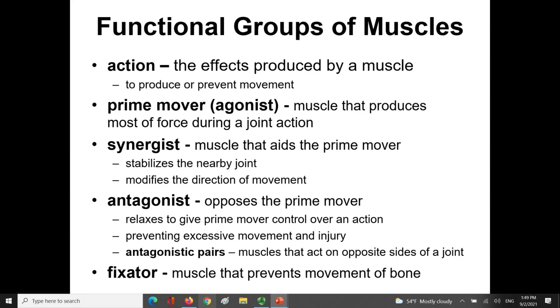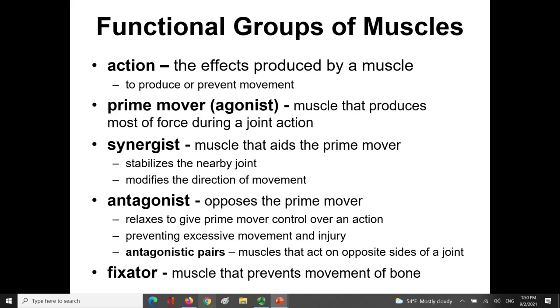The synergist is the muscle that helps or aids the prime mover. It stabilizes the nearby joint and modifies the direction of movement. And then you have an antagonist, and this one opposes or goes against the prime mover.